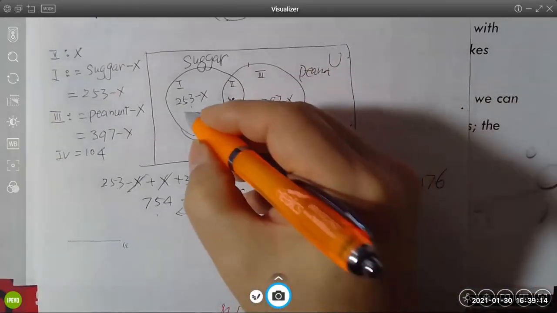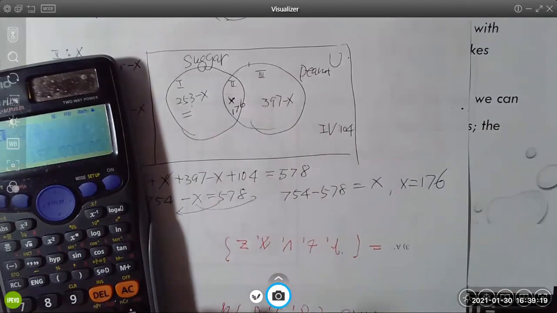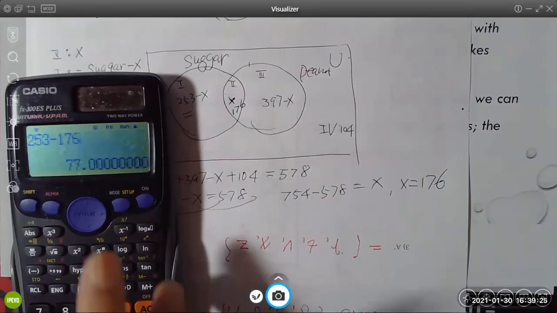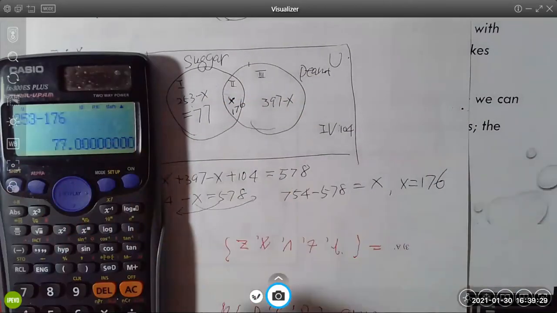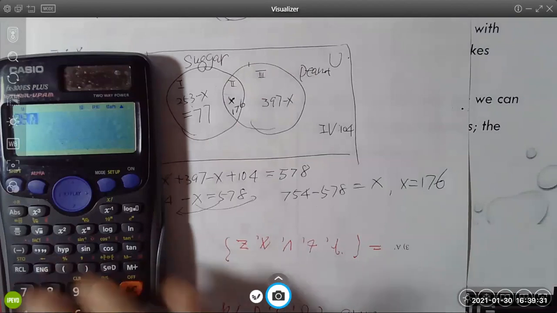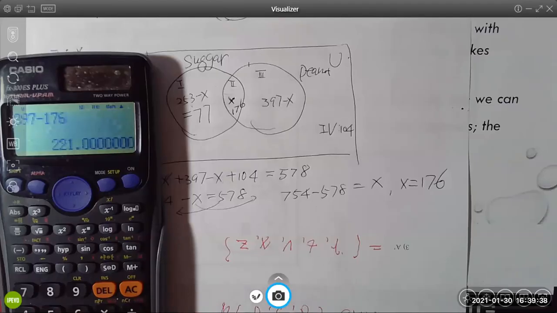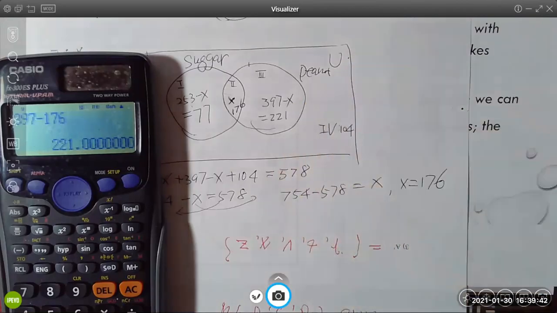Now let's do the calculation here. 253 minus 176 is 77. So 77 in here. And 397 minus 176 equals 221. So 221 is only peanuts.